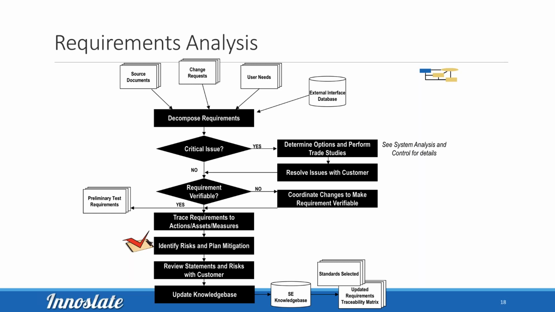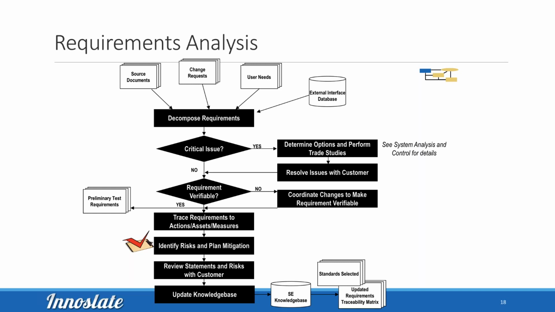As we go through doing more analysis, in parallel we're doing functional analysis. As we start getting our functions or our physical model being built, we can then trace those requirements to the actions or assets or measurements, the actual metrics that we want to tie to. All that starts building that integrated total model of the system.